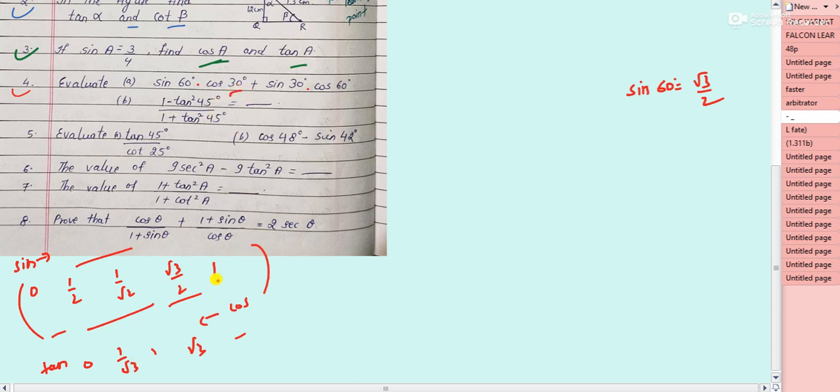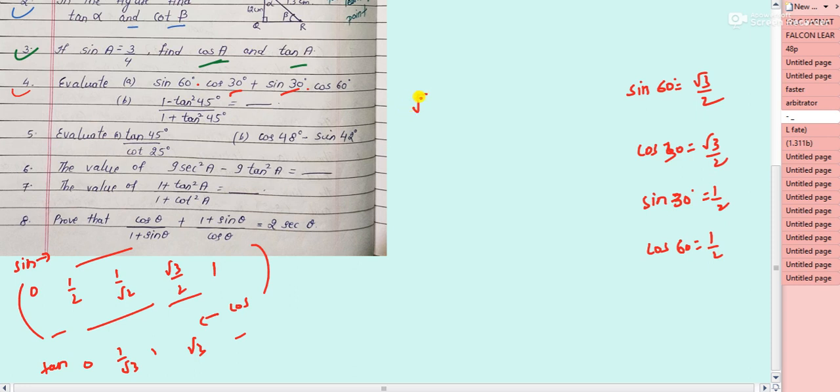What is cos 30? Cos 30 is the same, root 3 by 2. What about sine 30? Sine 30 is 1 by 2 and cos 60 again 1 by 2. So just multiply them now.